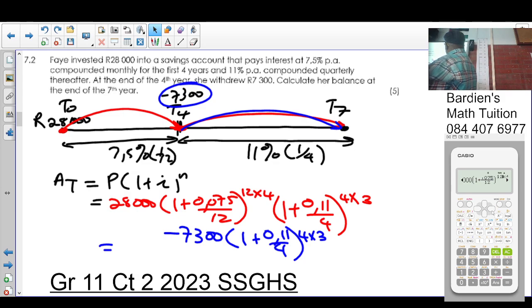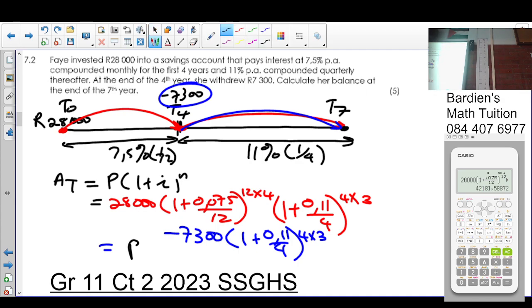To the exponent 4 times 3, minus 7,300 into 1 plus 0,11 over 4 to the exponent 4 times 3. Gives us 42,181 rand and 59 cents. Sounds like it's the one sum you guys all got right.